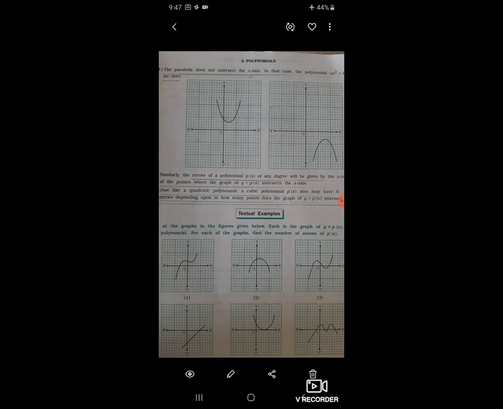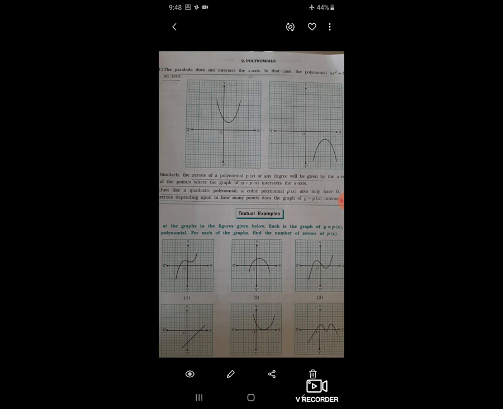Here we see the six graphs. From graph number 1, the number of zeros is 1, as the graph intersects the x-axis at one point only. In graph number 2, the number of zeros is 2, as the graph intersects the x-axis at two distinct points. In graph number 3, the number of zeros is 3, as the graph intersects the x-axis at 3 points.